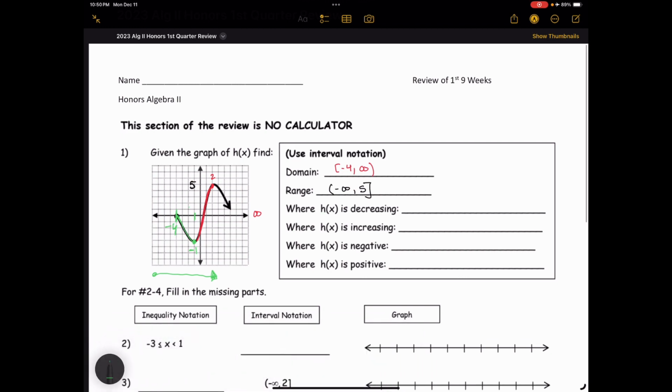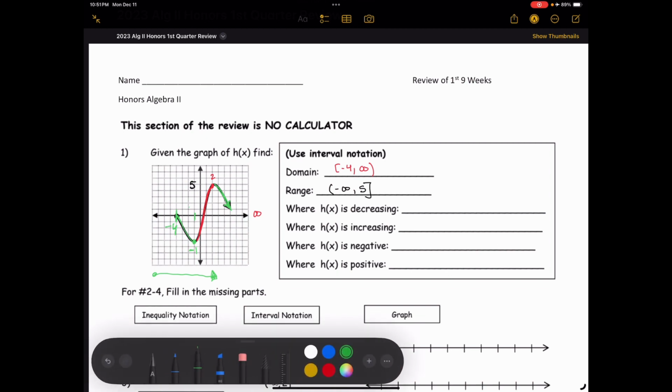And then from 2 to infinity will be decreasing as well. So there are 2 sections that are decreasing and 1 section that's increasing. We're decreasing on the interval, and it's always parentheses for increasing and decreasing.